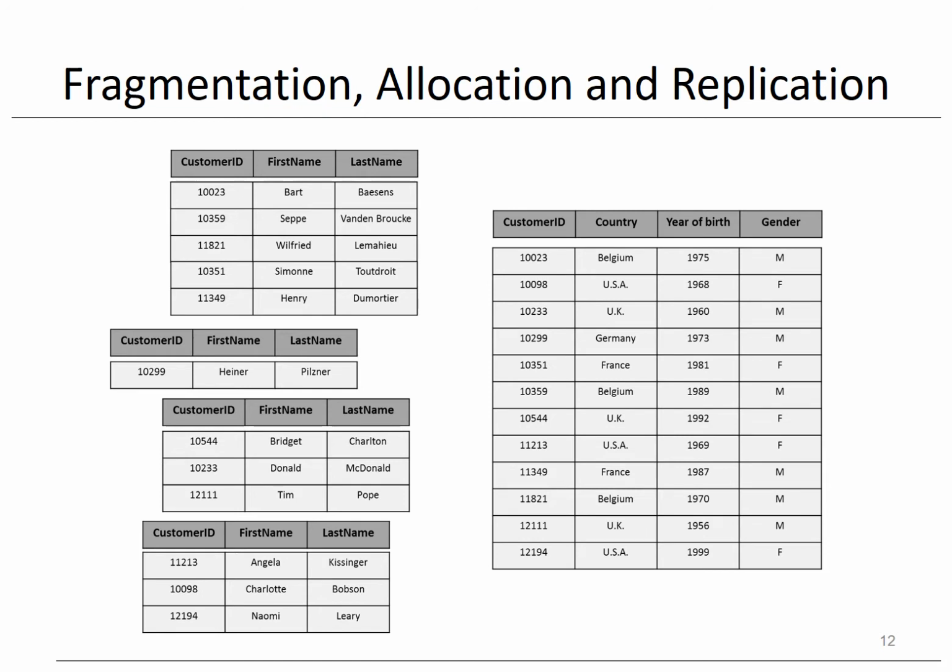Here you can see the result of mixed fragmentation, where rows containing customer ID, first name, and last name are fragmented horizontally according to the customer's country. However, there is also vertical fragmentation, since all demographic data are allocated to a separate node to perform analytics on worldwide customer demographics.